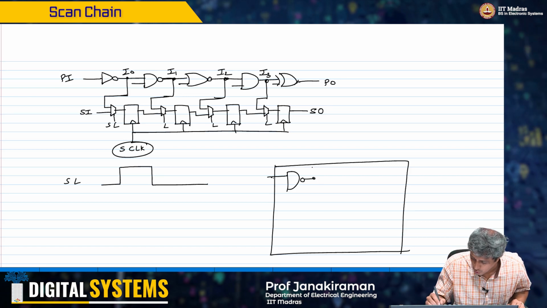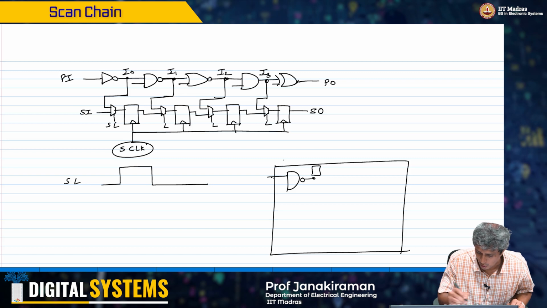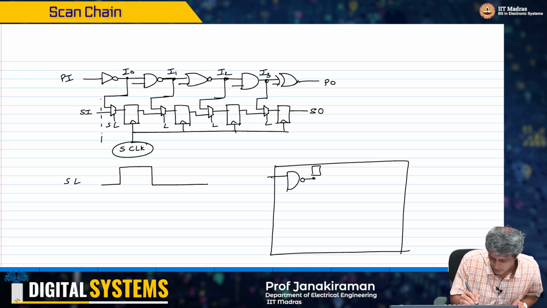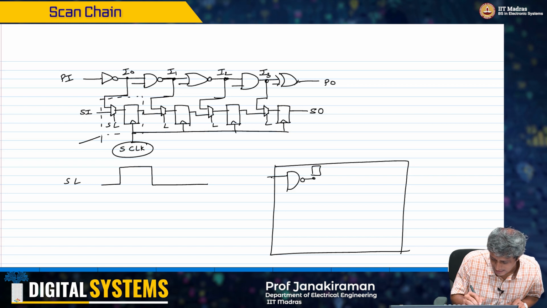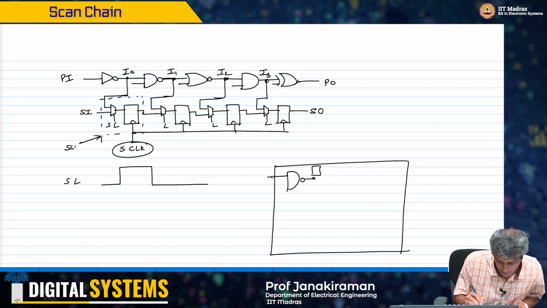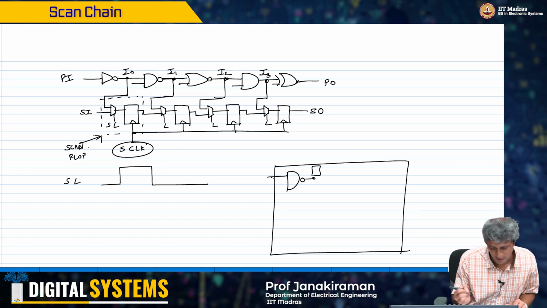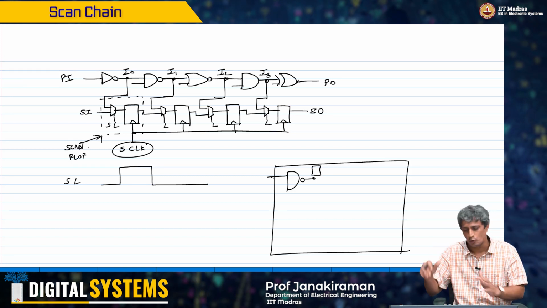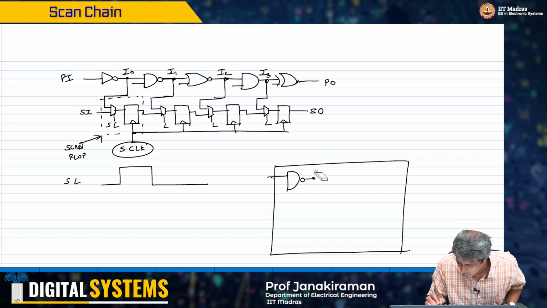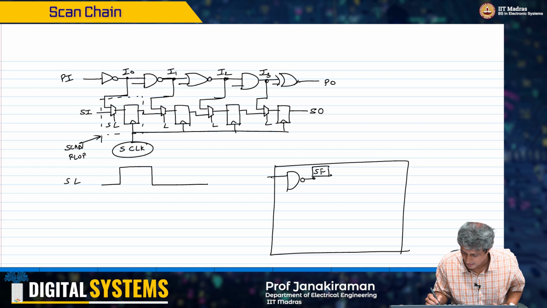I will choose to put a scan flop here. I am going to call this whole structure a scan flop, which is a parallel in serial out structure. So I will put an SF here.